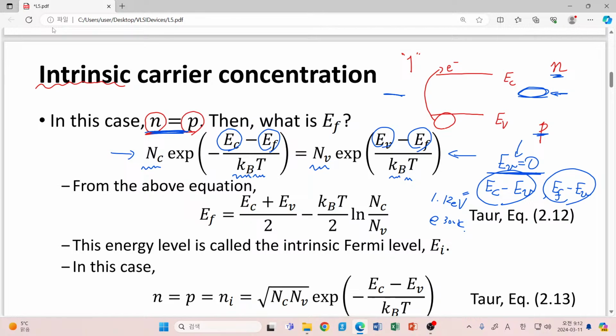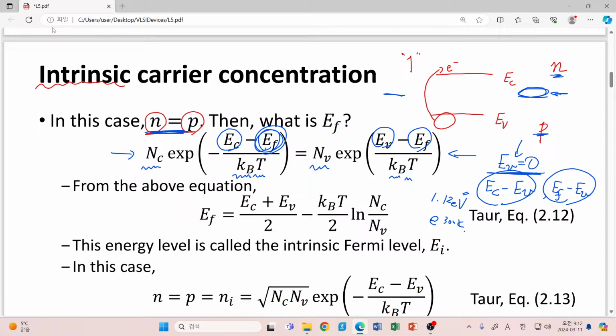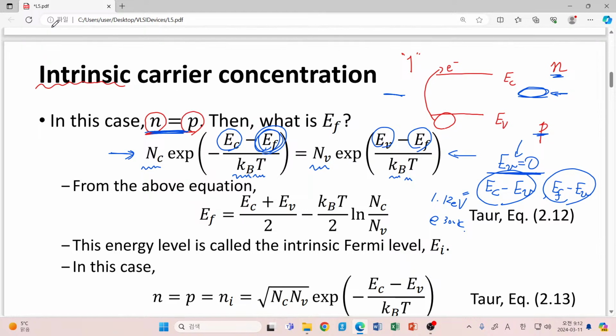So the only thing you have to understand is that, in order to satisfy this intrinsic condition, our Fermi level will be adjusted. If our Fermi level does not satisfy this expression, then what will happen? There will be an excessively high density of electrons, or an excessively high density of holes.